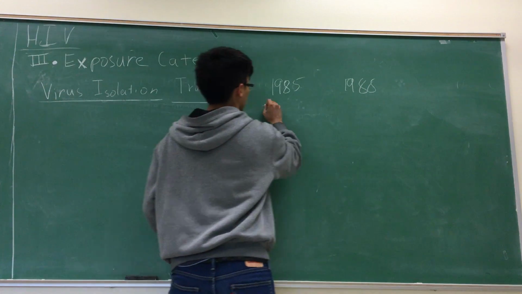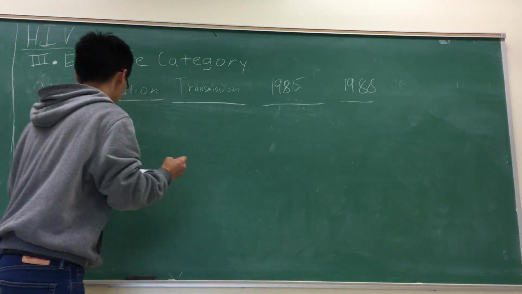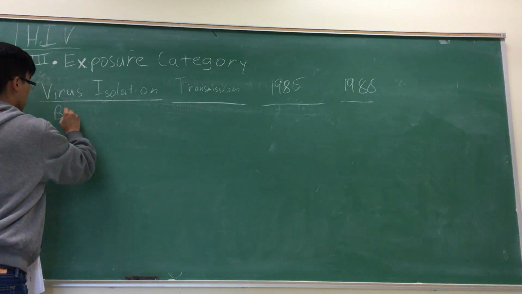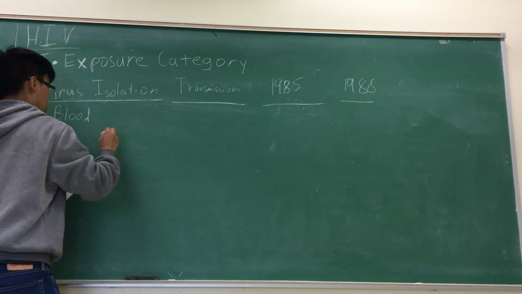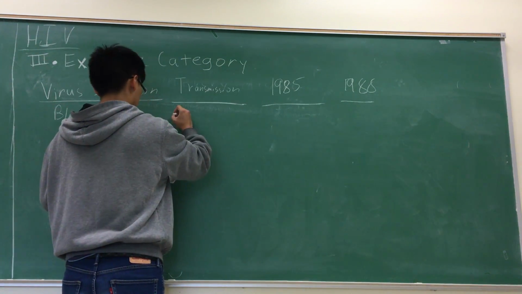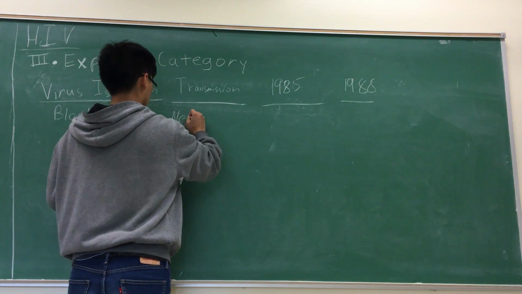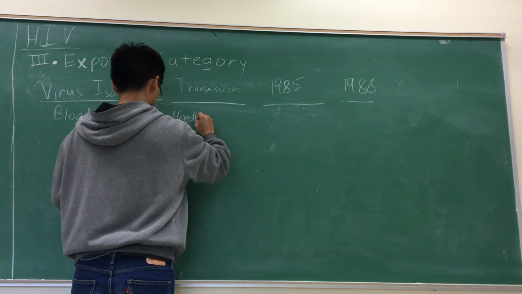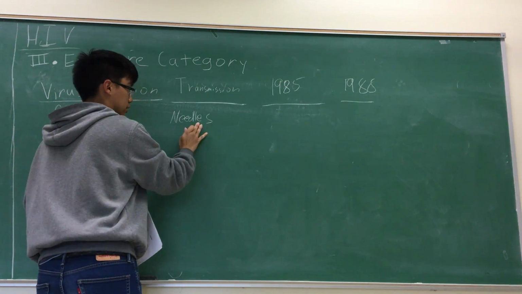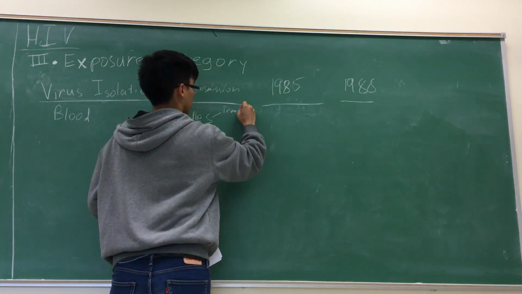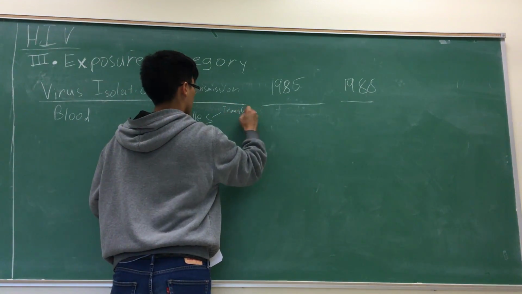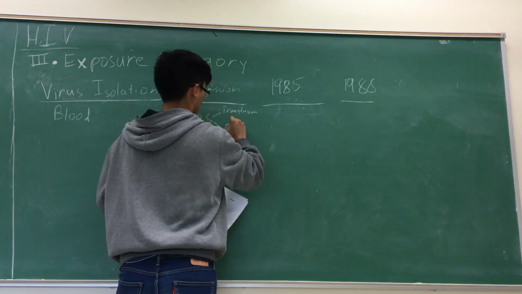So virus isolation is where they got it from within the body. So when we look at blood, HIV does isolate from blood. We saw that the mode of transmission through the blood was through needles. These include transfusion and drugs.